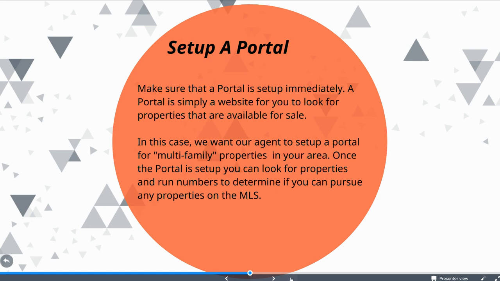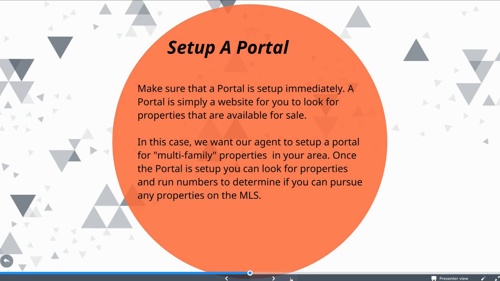Now, keep in mind, if you're saying, "Hey, my budget is only $350,000," then in that case, you're only going to look for multifamily properties that are $350,000. There might be other multifamily properties that are more than 350, but your filters are going to determine what you can and can't see.